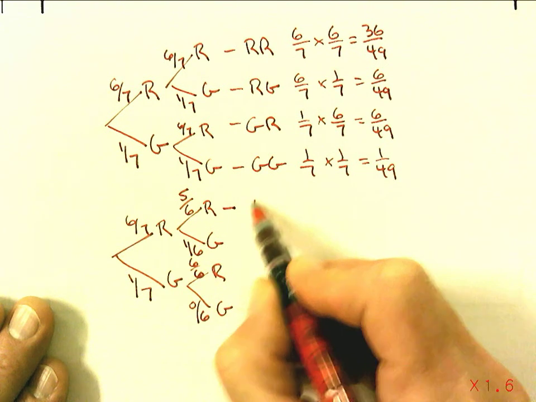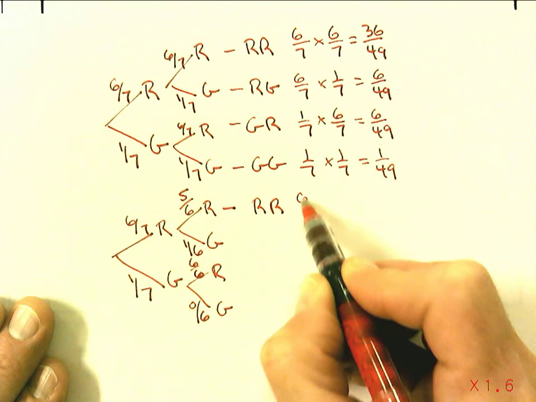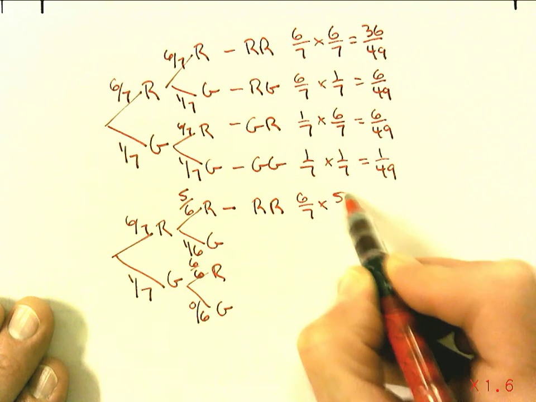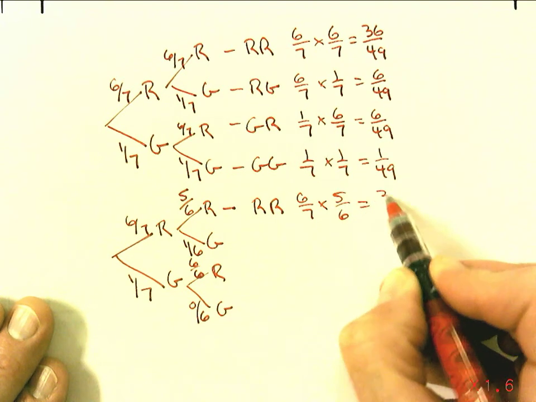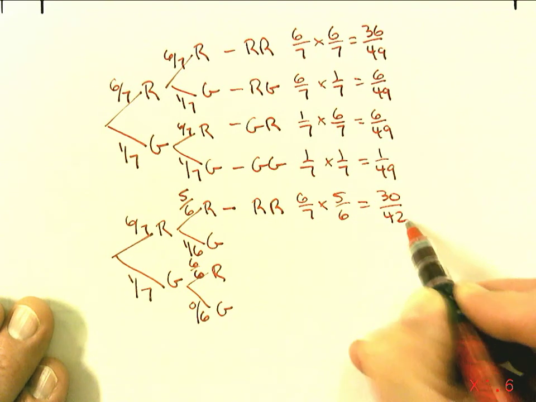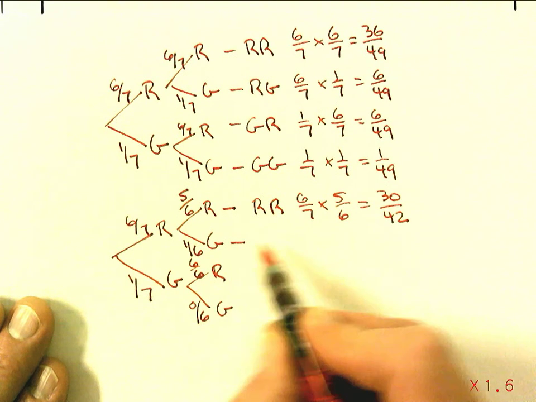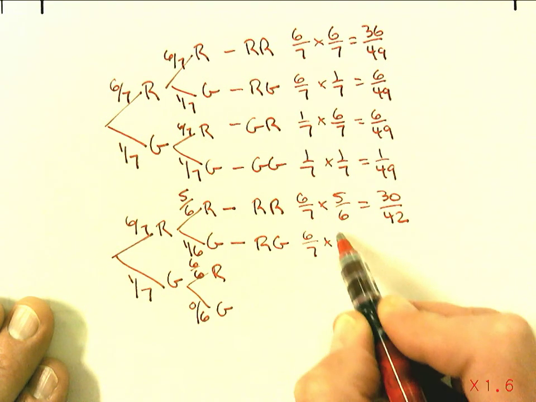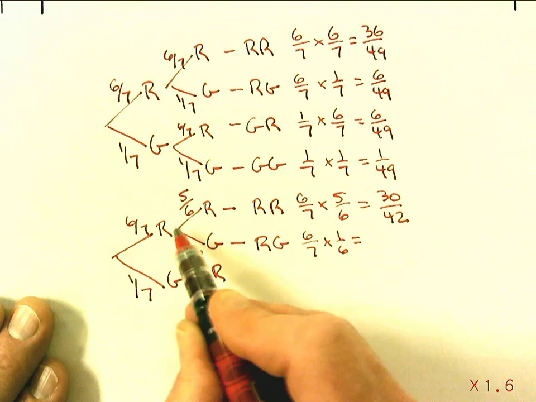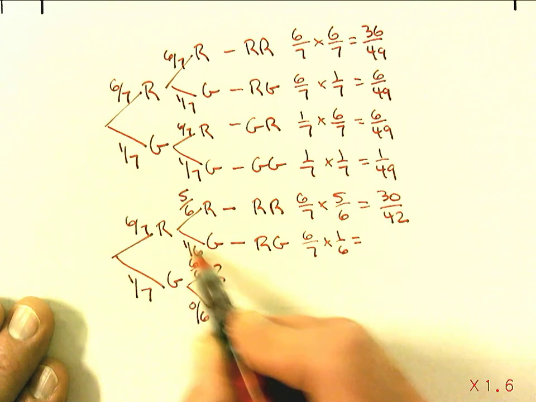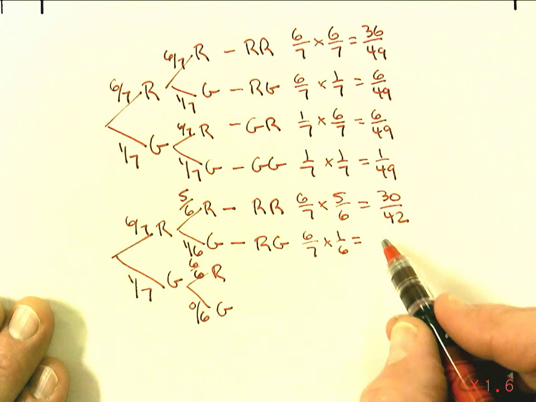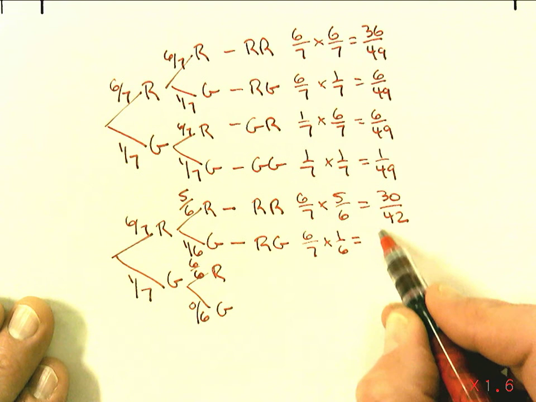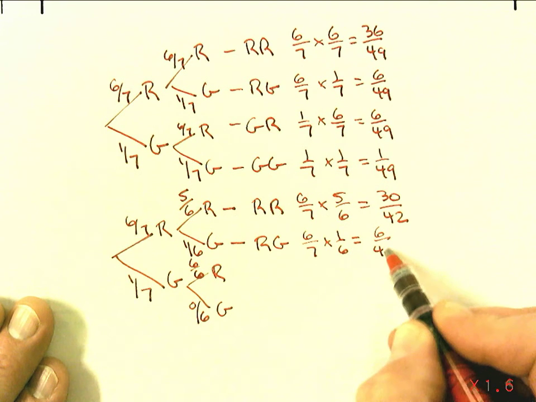So let's look at the probabilities of each of these as we go. Red-red is 6/7 times 5/6, or 30 out of 42. Red-green, 6/7 times 1/6. I'm just following these chains in the tree. And then I have 6 out of 42.